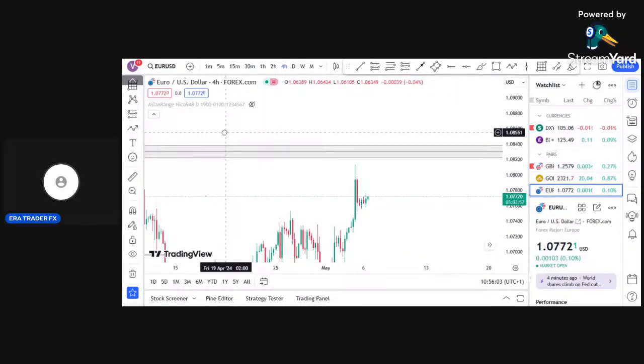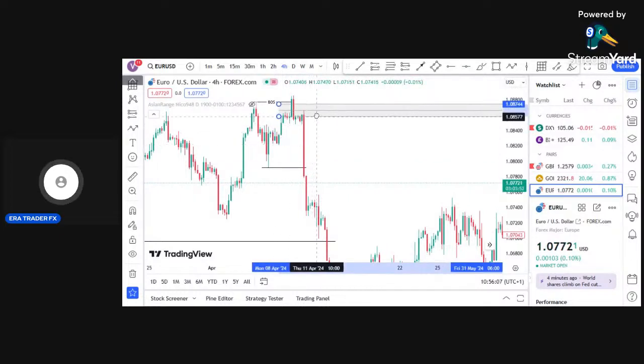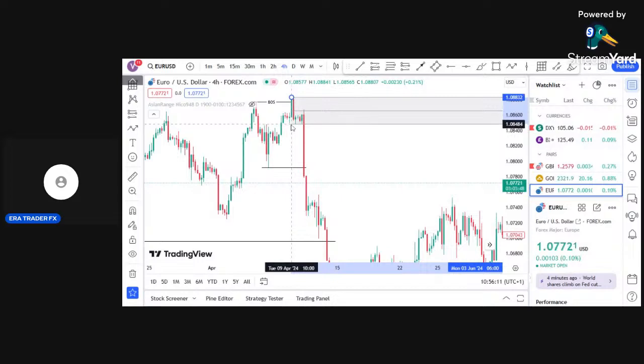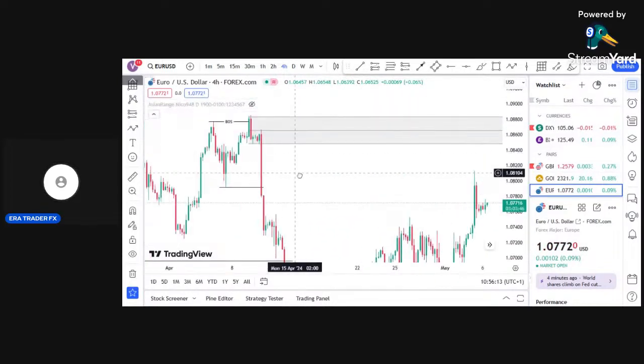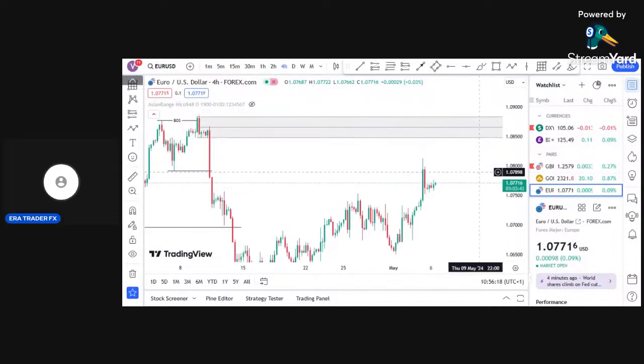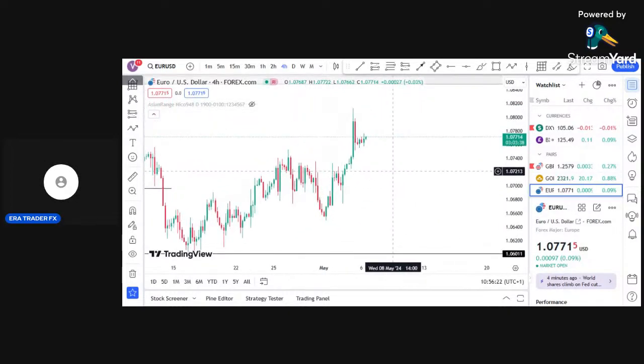You can take it from there, or you can just wait for price to come all the way to this other block. So this is what we're expecting. We're still expecting the market to push all the way up for EU.